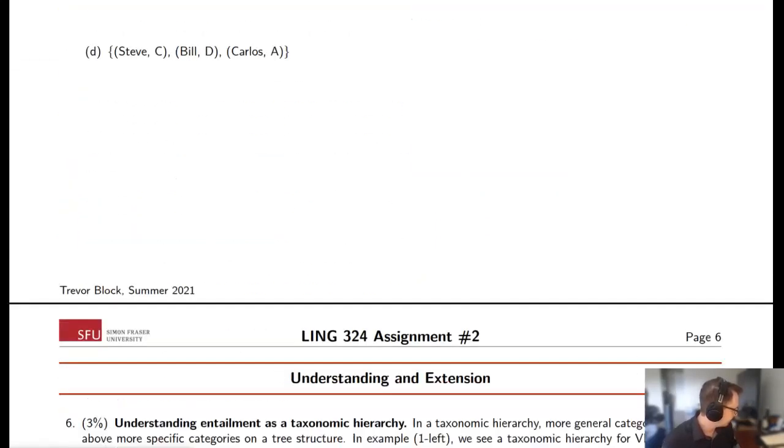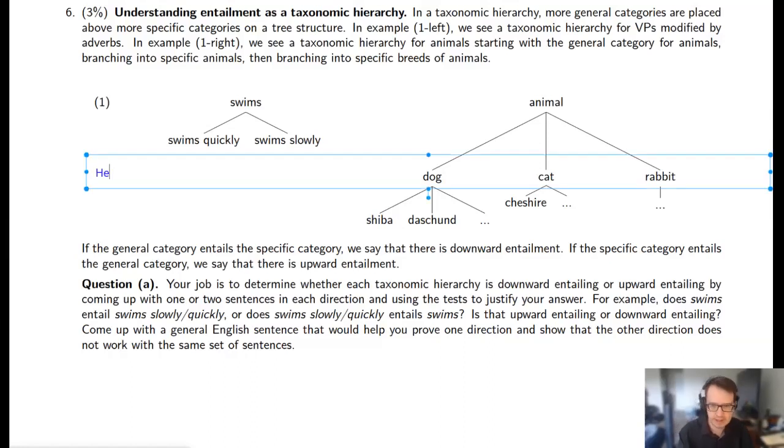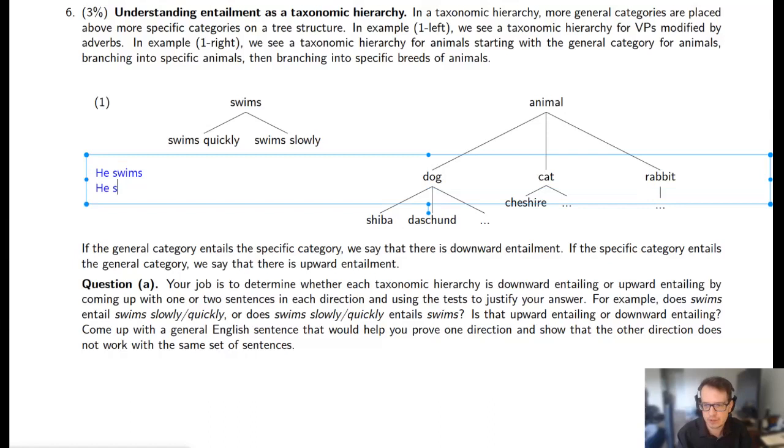Okay, so I want to talk about this question. This question was done really well from what I've seen. So the idea was to create simple sentences for question A, and then for question B, just put a not in front of them, either in the VP or right before the noun phrase. So the sentences most people came up with was something like he swims or he swims quickly or some variation of that.